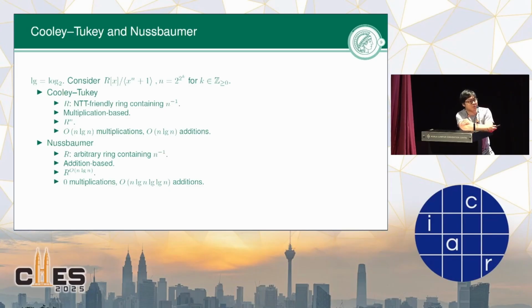As for Nussbaumer, it doesn't really ask the coefficient ring to be an NTT-friendly one. As long as we have the inverse of n, we basically apply a bunch of additions and transform the polynomial ring into a larger number of copies of coefficient rings, but during the process, we only need additions. Concretely, we need order n log n additions.